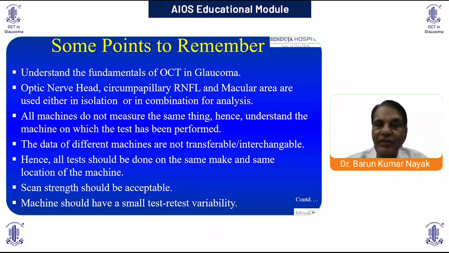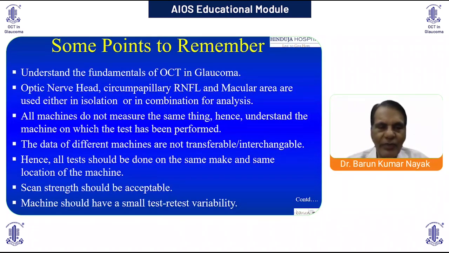The data of different machines are not transferable and not interchangeable. If you are doing it just once, it is okay, but that is not sufficient for the management of glaucoma, because we have to do follow-up testing to assess progression.